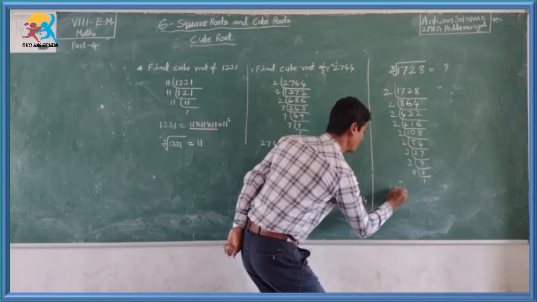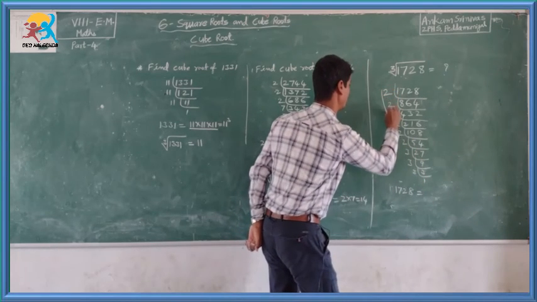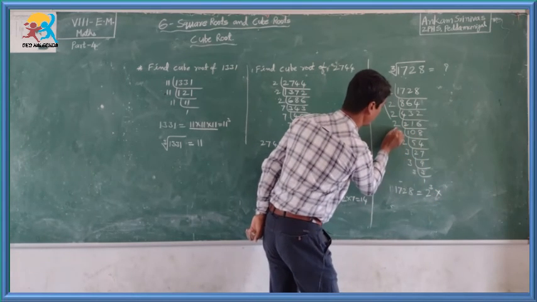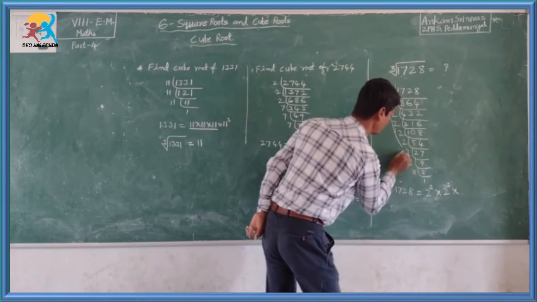So 1728 is equal to 2 cube into again 2 cube into 3 cube.